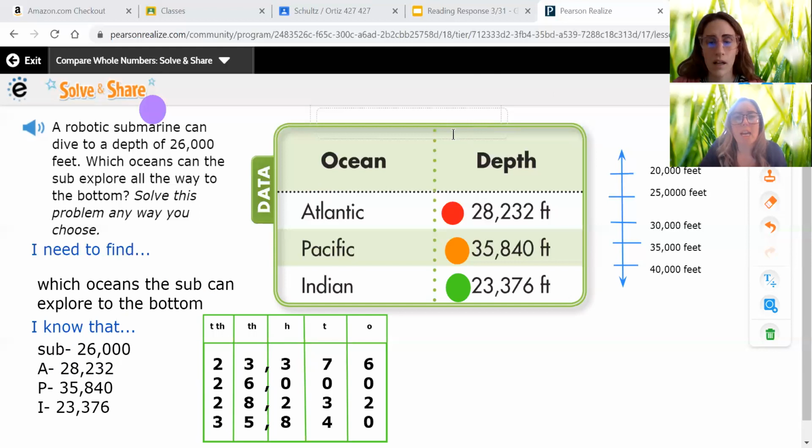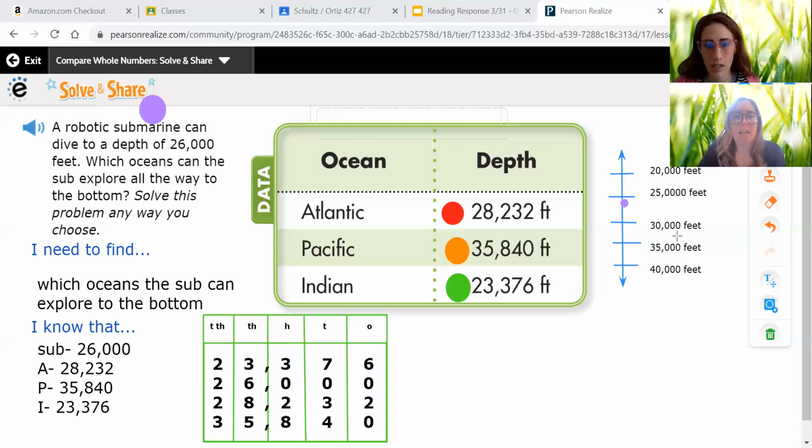And because I know that my submarine can dive to 26,000 feet, can we show the submarine on the number line? So I'm going to use this purple dot for the submarine. I made a color for each sub or ocean. So that's kind of at 26,000 feet, right under 25,000.